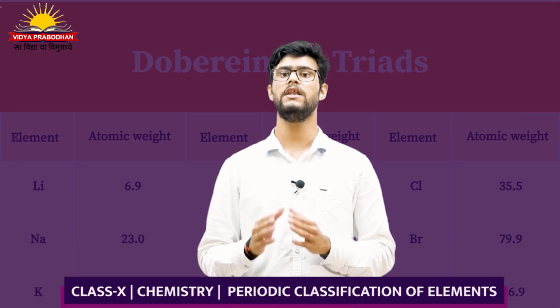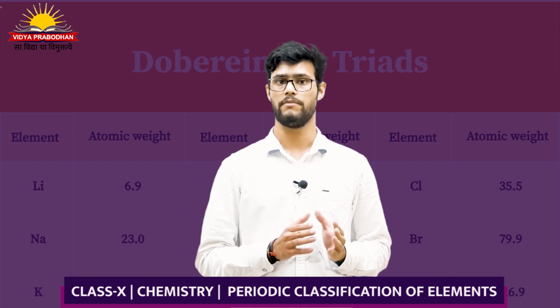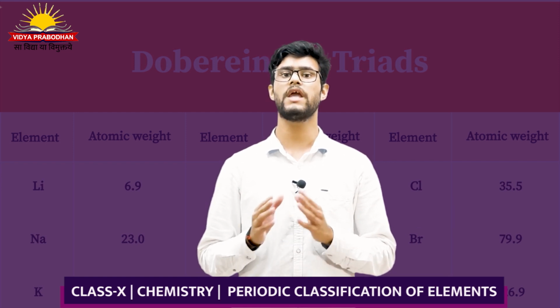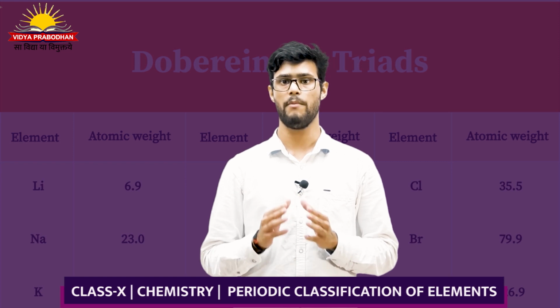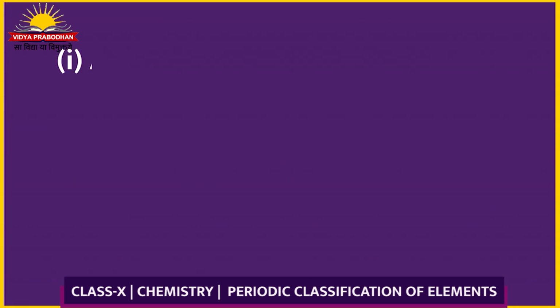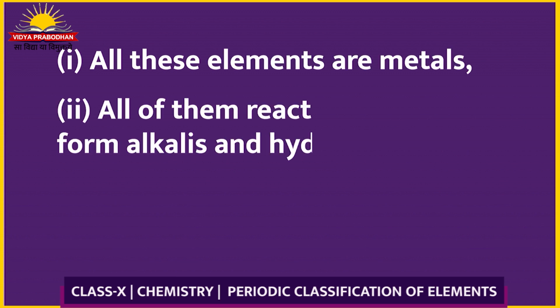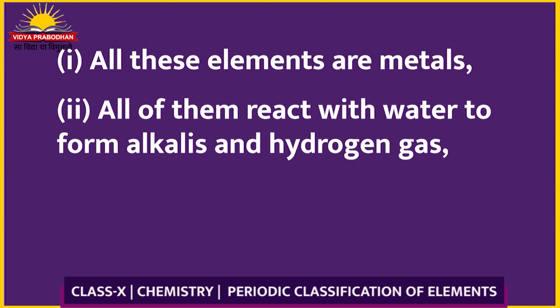First is the alkali metal group. The elements lithium, sodium and potassium have similar chemical properties and form a triad. For example, all these elements are metals. All of them react with water to form alkalis and hydrogen gas.